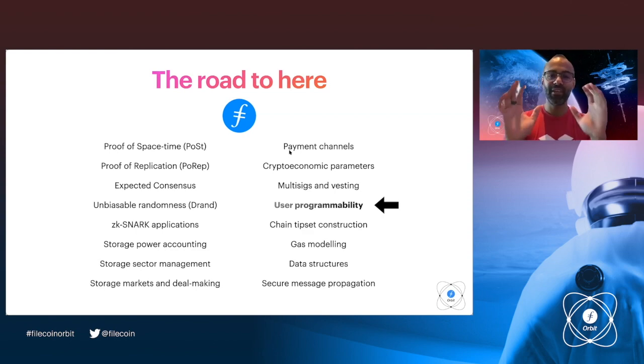And just to build a secure and permissionless decentralized storage network, we had to solve fundamental challenges and limitations that led to important breakthroughs. Things like proof of spacetime, proof of replication, expected consensus, unbiasable randomness, zk-SNARK applications, and a lot more. And at that time, it wasn't clear what the future of blockchain VMs was going to look like.